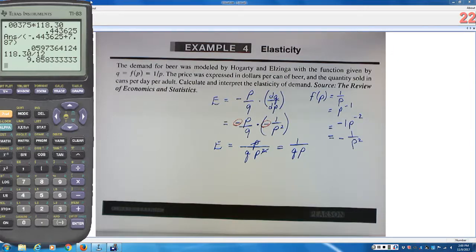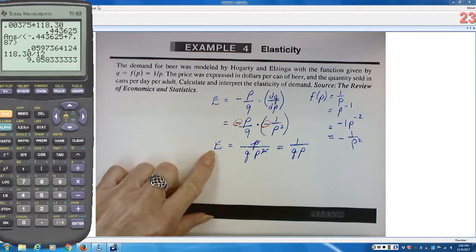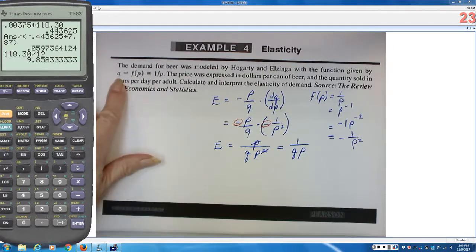Everybody good there? Because we need to make one more change. I haven't done the final step yet. Now, since we actually need the ratio, what is Q equal to?